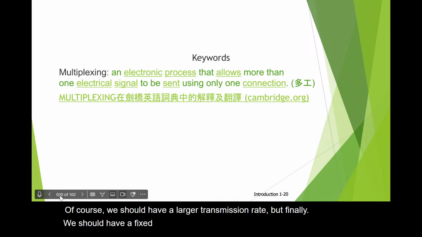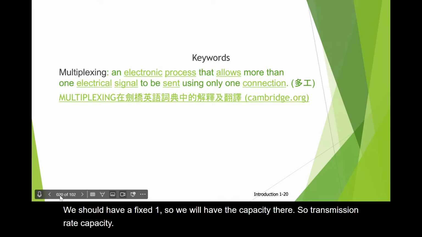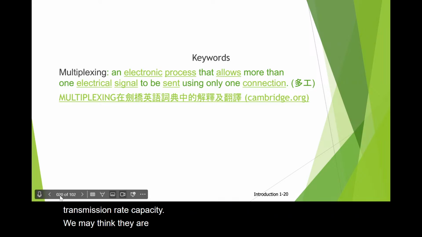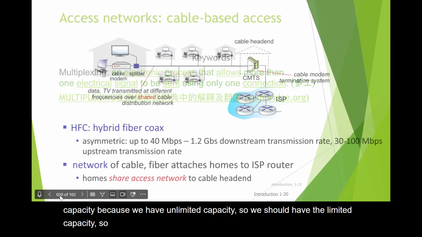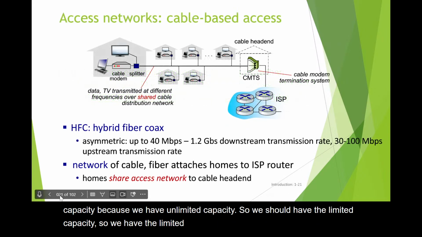So we will have the capacity there. Transmission rate and capacity, we may think they are identical, but we have a limitation set on the capacity, because we cannot always have unlimited capacity. So we have limited capacity, and so we have a limited transmission rate.